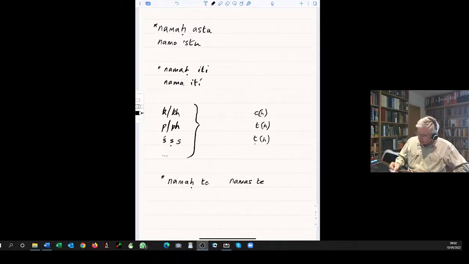And the visarga there becomes an s because it flips to the same point of articulation. In other words, the tongue is at the same place, so the visarga flips to the same place that the tongue is going to be for the t to be pronounced. So namaste, not namahte, but namaste. And exactly the same applies if it's a ch. So if it's and homage.